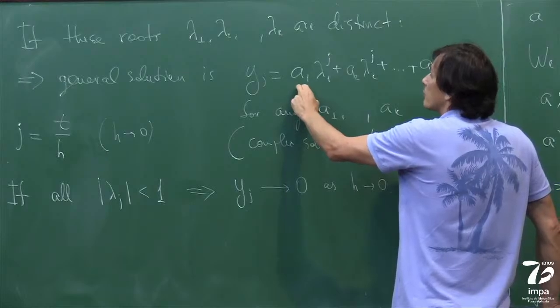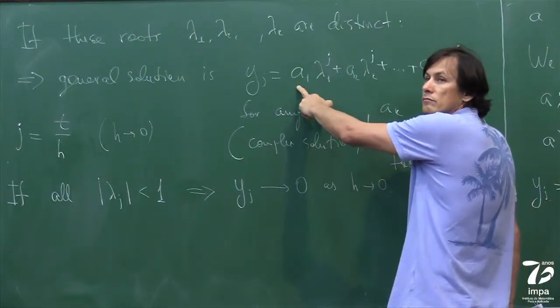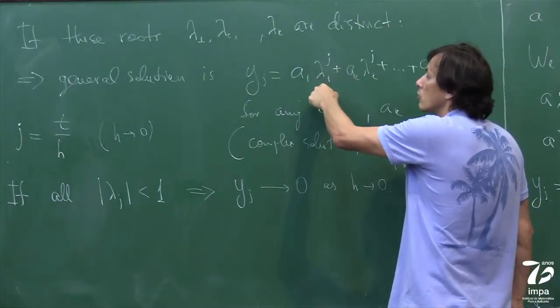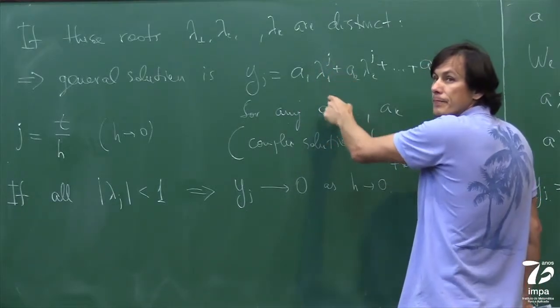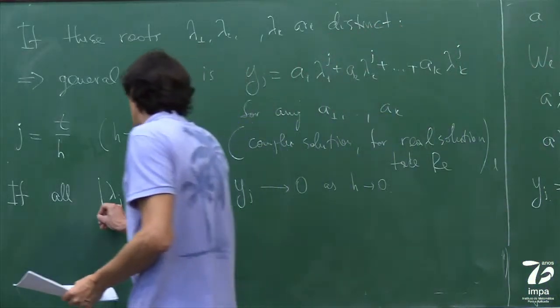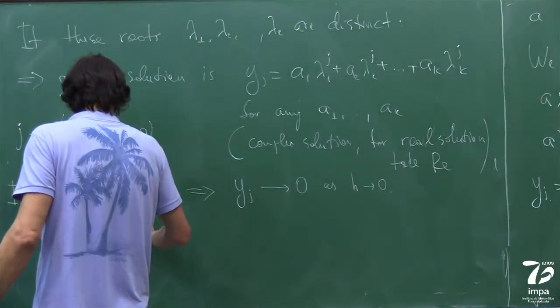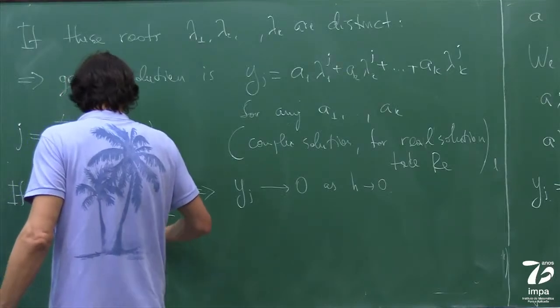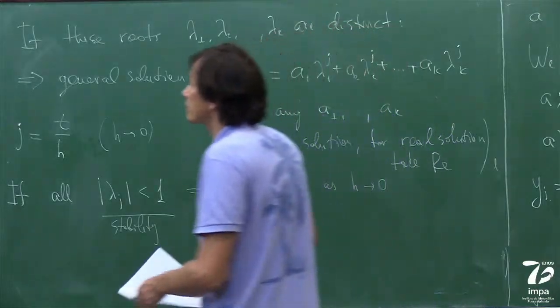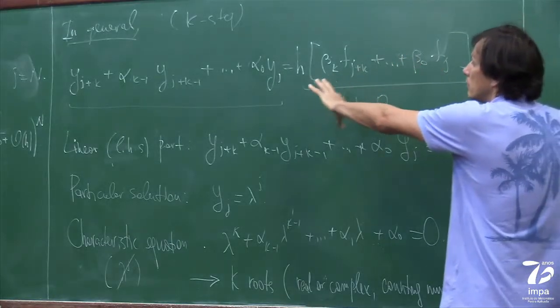In any case, even if they depend on the step, they are at most a power law of j, so it doesn't matter which power law over j you put, because λ^j will always win. So it goes to 0 whatever the dependence of the coefficients on j is. So this is of course stability, the condition that guarantees that at least with a zero right-hand side, everything works.